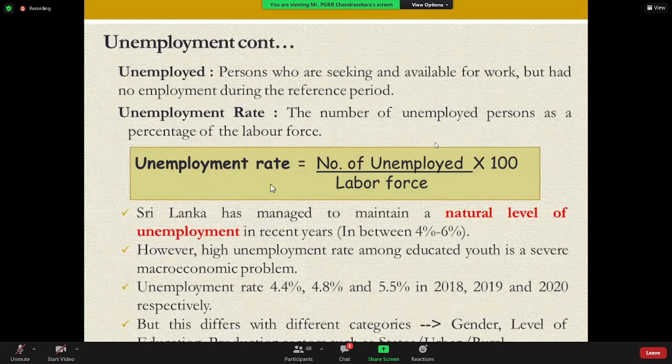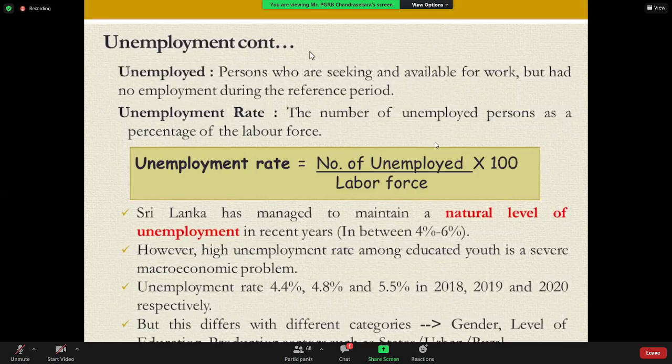Normally Sri Lanka is a country where we have a natural level of unemployment, which is 4 to 6%.